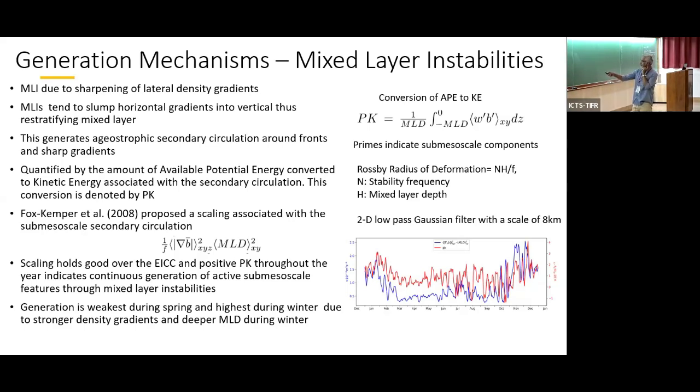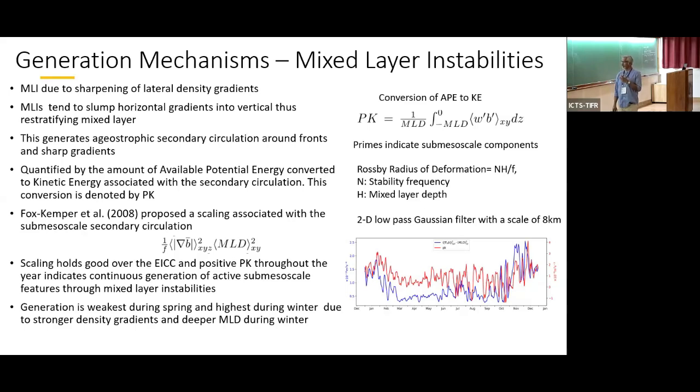That quantity is shown by this red curve in this graph. Fox-Kemper proposed a scaling associated with the submesoscale secondary circulation, which is related to the horizontal gradient of the buoyancy and also the mixed layer.